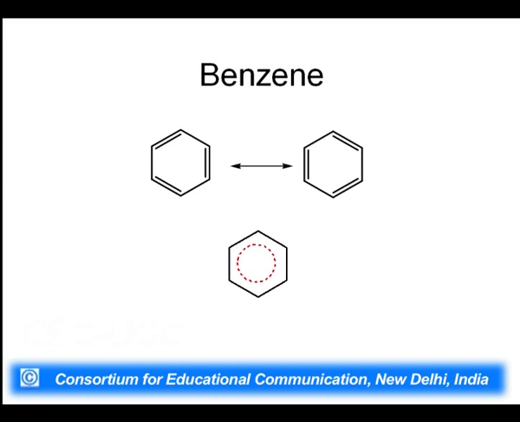Going back to benzene, the electronic arrangement is differing. This double bond is placed at another place and all the double bonds are moving, but the overall structure remains the same. So these are the two canonical forms of benzene.